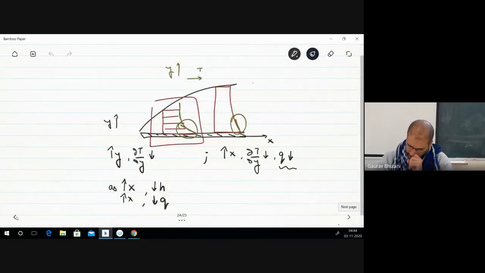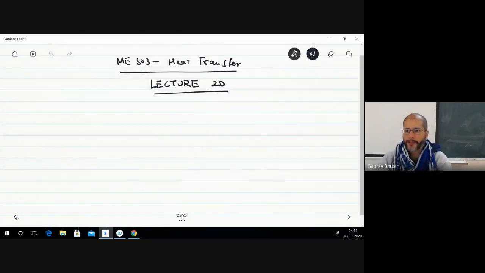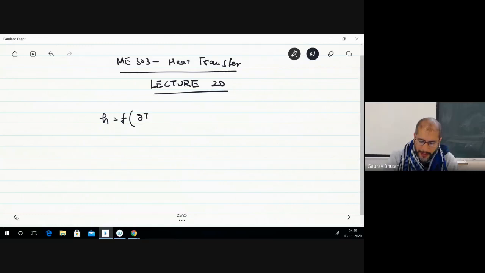And today we'll continue the discussion by discussing a bit further into laminar boundary layers for temperature. And then in the subsequent lectures, we will talk about solving the equations of convection. So like you had in conduction, we also have equations for convection, because remember that to find h, this is a function of del T by del y at y equal to 0.